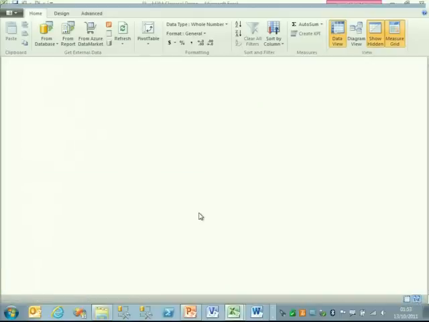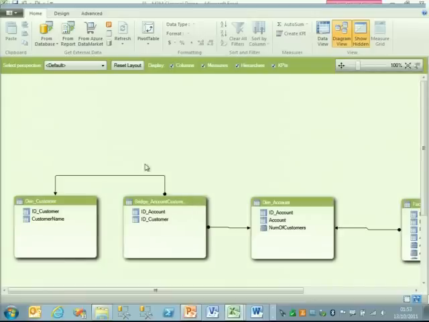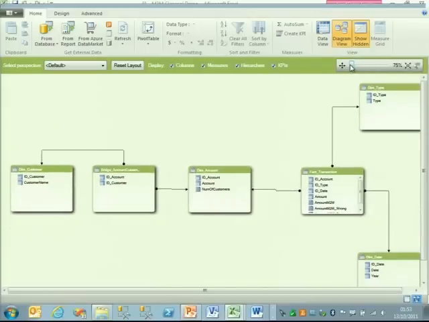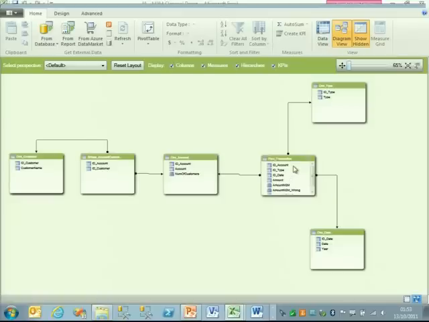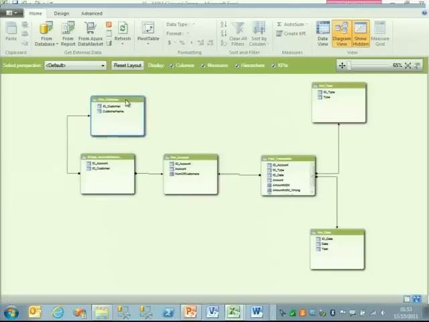Okay, the wonderful diagram view that is available in SQL 2012. You can see that we have the fact table here, the dimension containing account, then the bridge table and the dim customer. This is the data model that we are going to query.